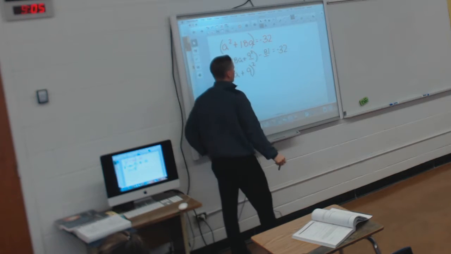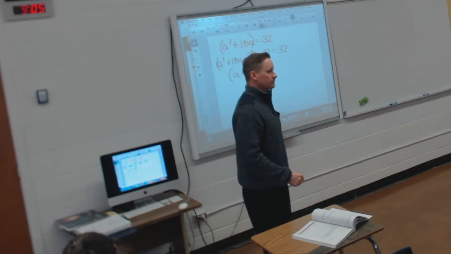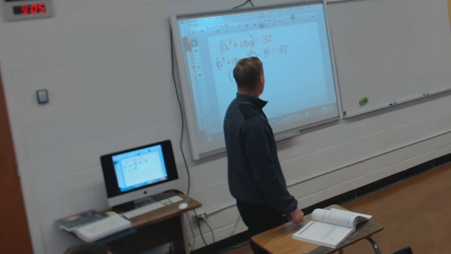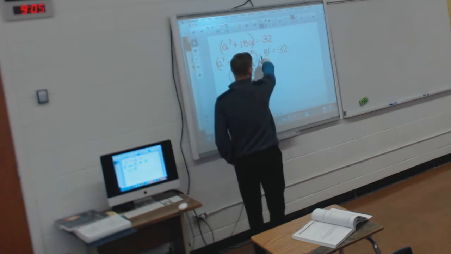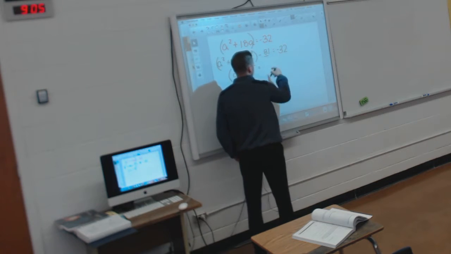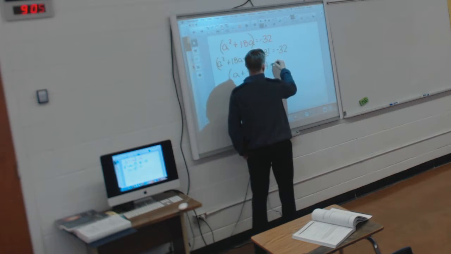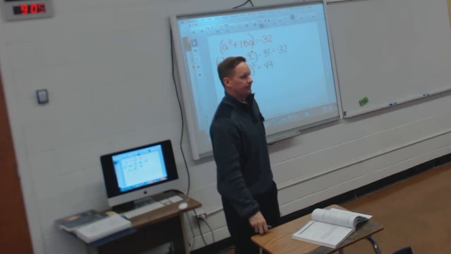All squared. Now what do you suppose I do with the negative 81? Add it over to negative 32, right? Because it's a subtract here, so I'm going to add it to this side. So what's 81 subtract 32? 49.